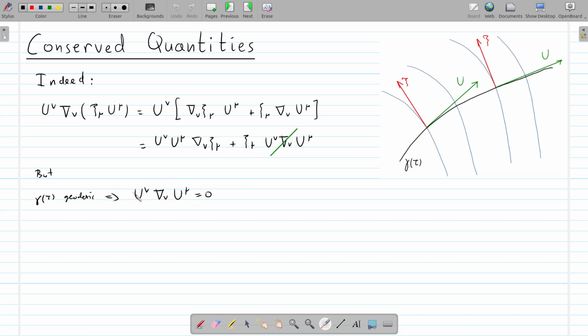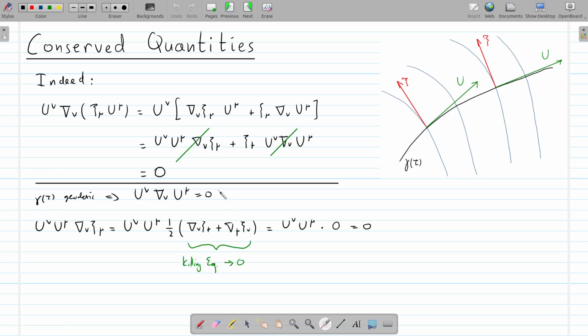Therefore, u del u must be equal to 0. But the first term also vanishes, and the reason is because the product u nu u mu is symmetric under the exchange of the indices nu and mu. So we can replace del nu xi mu by its symmetric part. And by the Killing equation that is assumed to be satisfied by the Killing vector field, this is equal to 0, and the first term is also equal to 0. Therefore, this term here is conserved as we move along the geodesic.